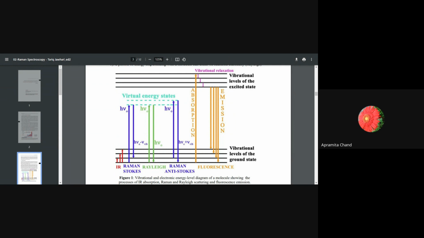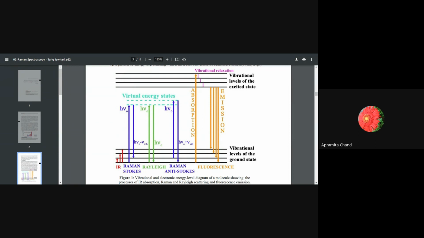Okay, so here we are saying that absorption is there from the vibrational levels of the ground state to the vibrational levels of the excited state, and the entire absorption is from the zero level to the uppermost level. And in fluorescence, we already know that the emission is taking place from the lowermost excited state to different vibrational levels.